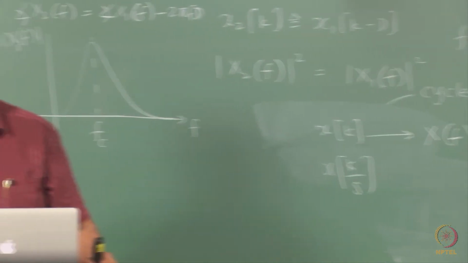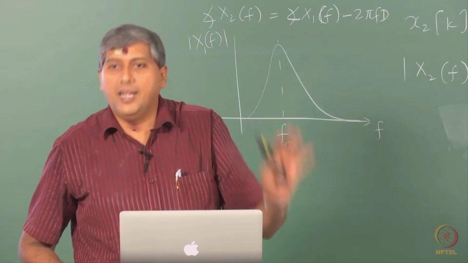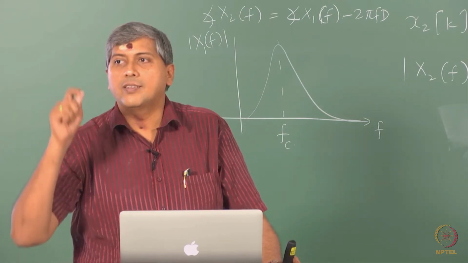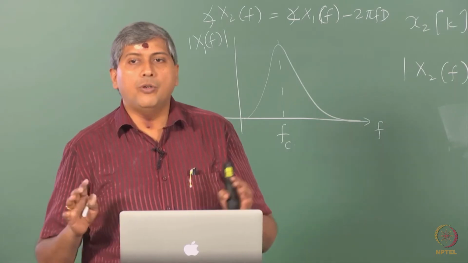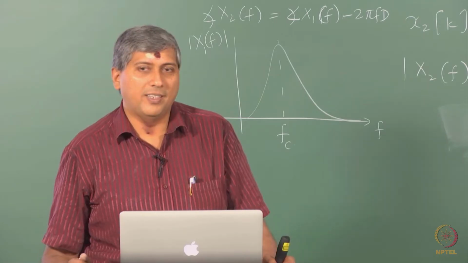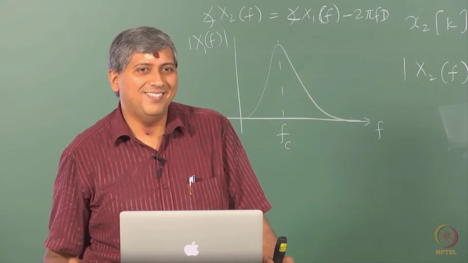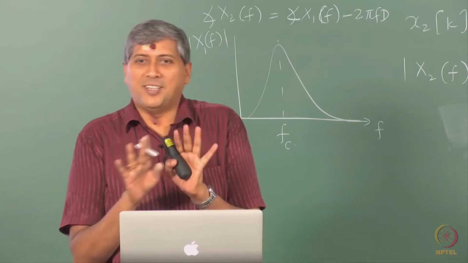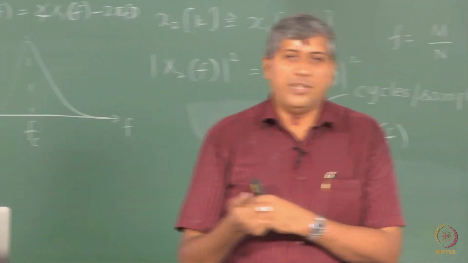So, let me ask you a question now. If s is some scaling parameter, suppose s is 2. Now, does it amount to stretching the signal in time or compressing? As usual, I will always have two different answers. What do you think?